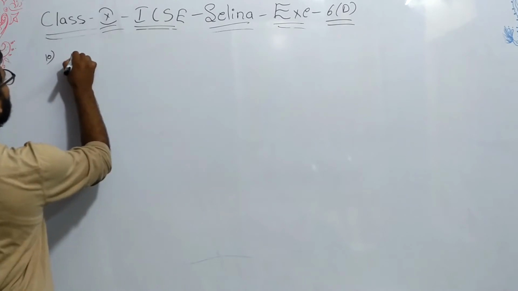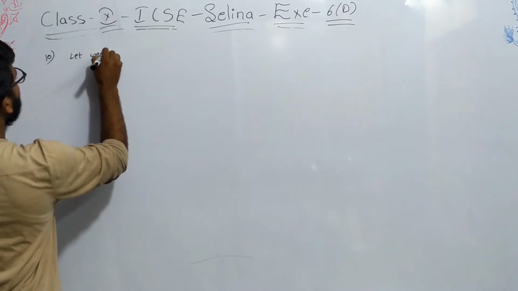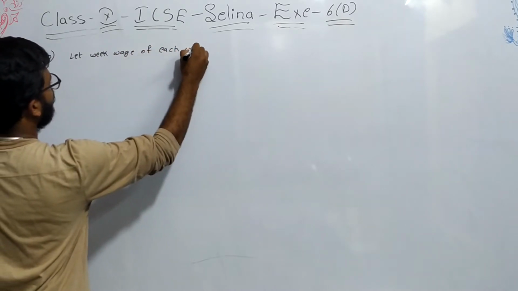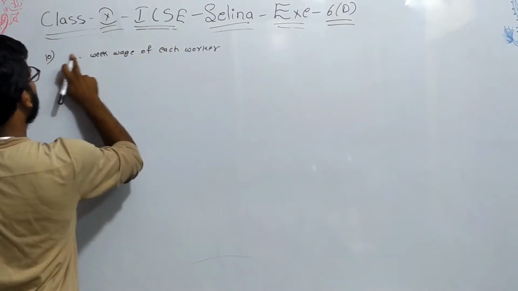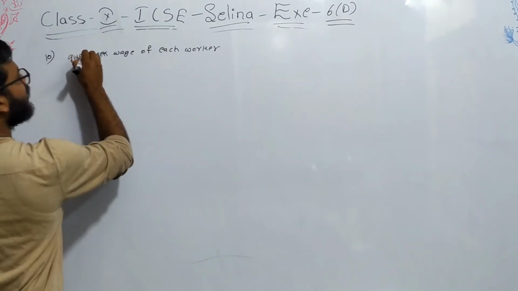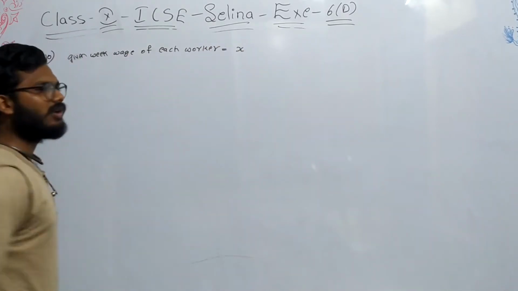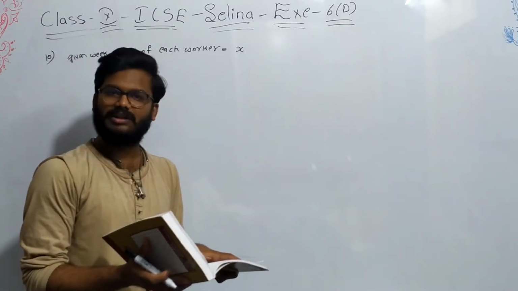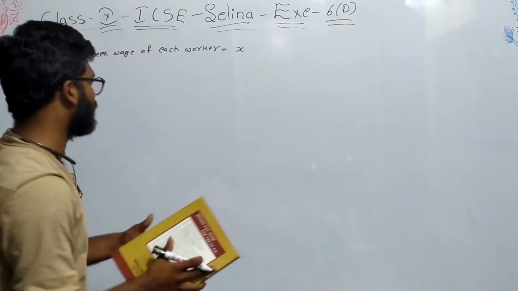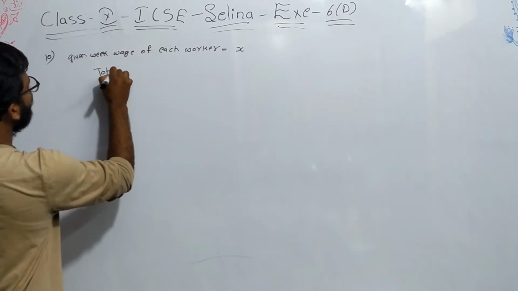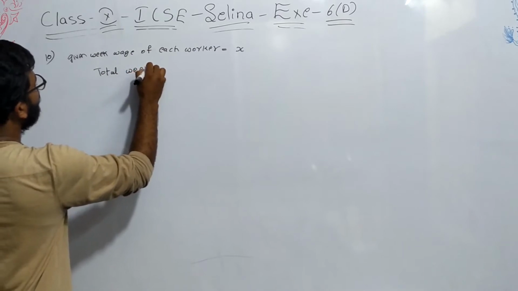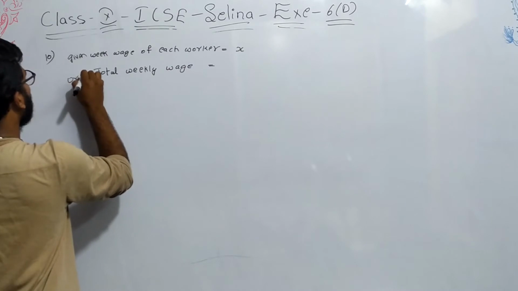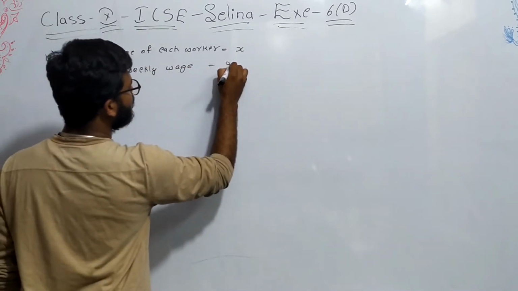So let the weekly wage of each worker be x. It is given. At that time the original total weekly wage is 3,150.